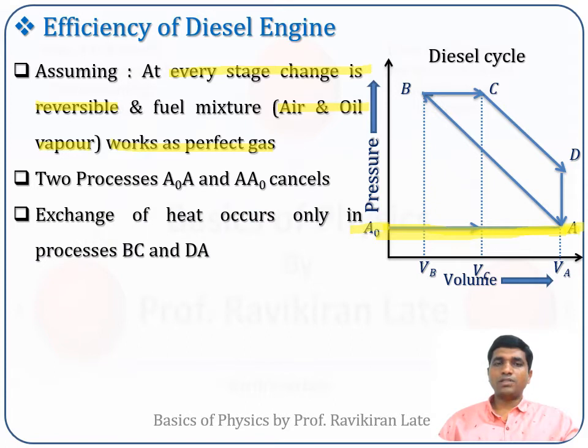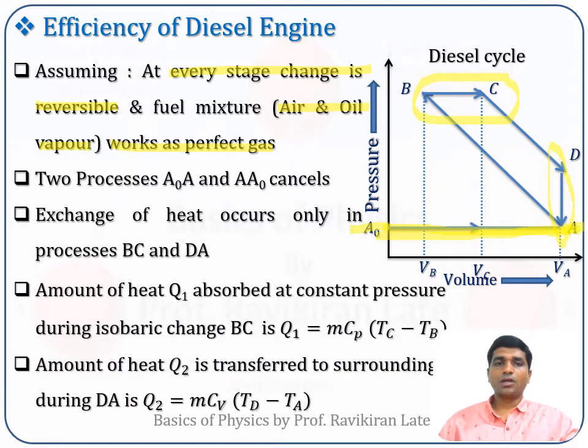Now in a diesel cycle, during the change BC and during the change DA, these are the two changes during which heat is absorbed from the source, and heat is transferred to the surroundings, respectively.